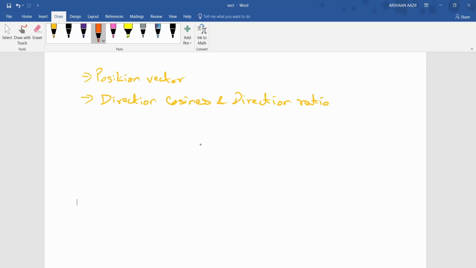In the previous video we discussed that vectors are used to analyze a three-dimensional body. So this is my x-axis, this is my positive y-axis, this is my positive z-axis, with i cap, j, k. These are the directions for the x, y and z-axis.